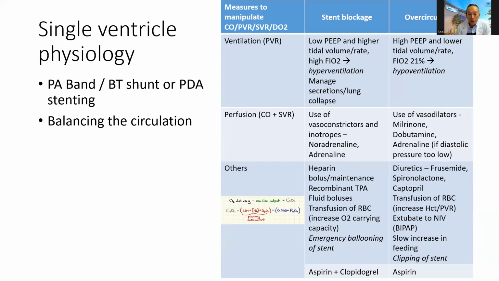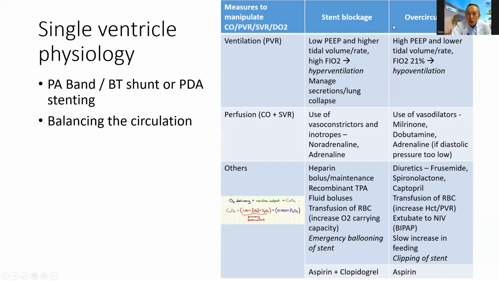So this table is from a talk that I've given some time back. I usually look at it in terms of a big V here and a big Q here and some other factors.